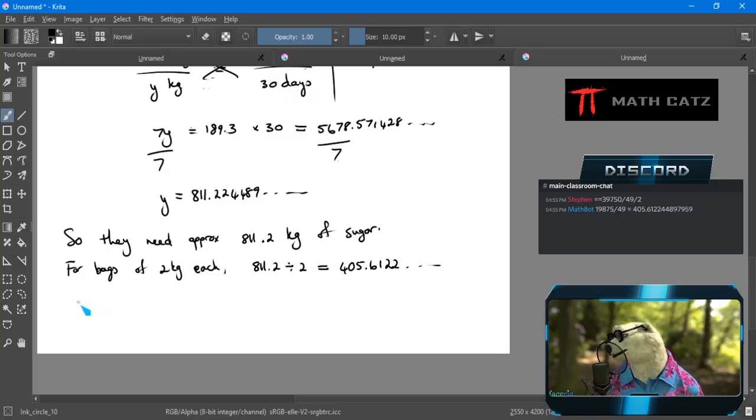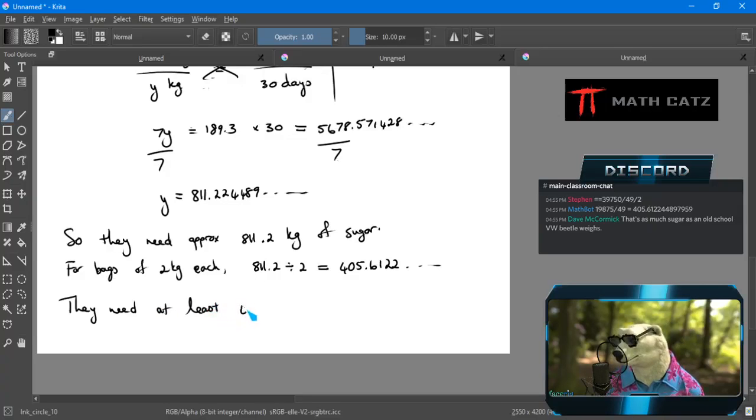So they're going to need, again, practical rounding, at least 406 bags. I'm not sure. Maybe you get an extra truck or something. There you go. I guess it's funny if it wasn't sad.